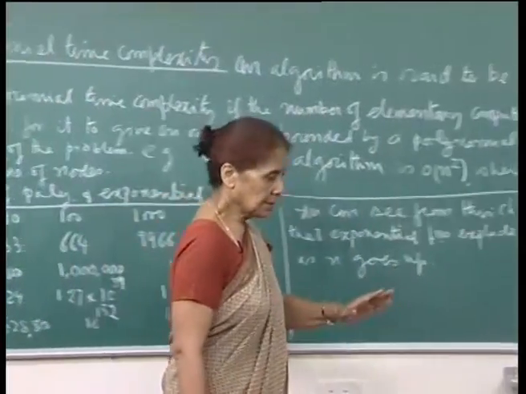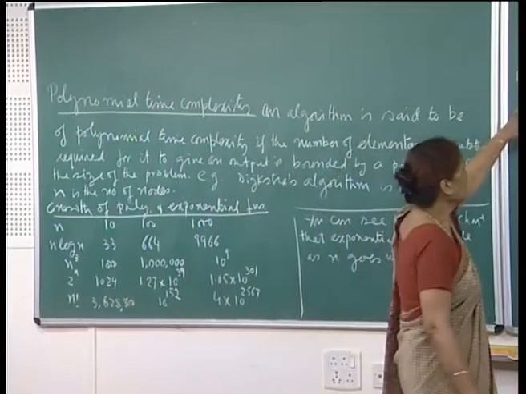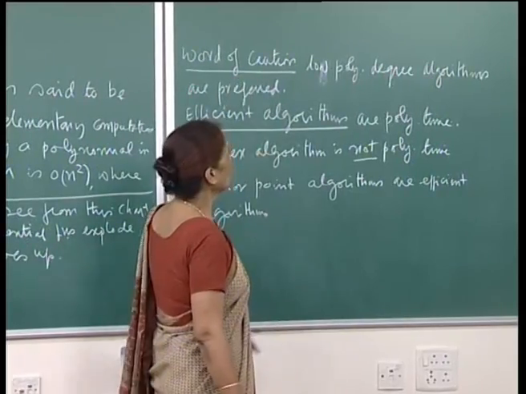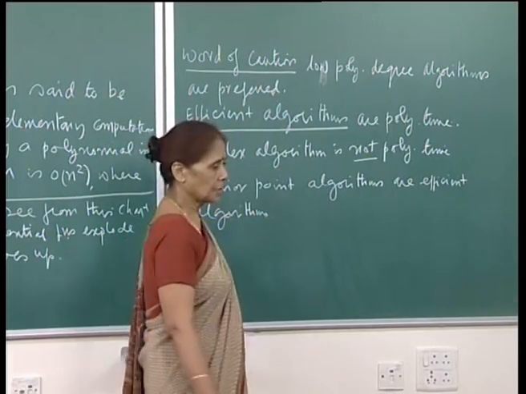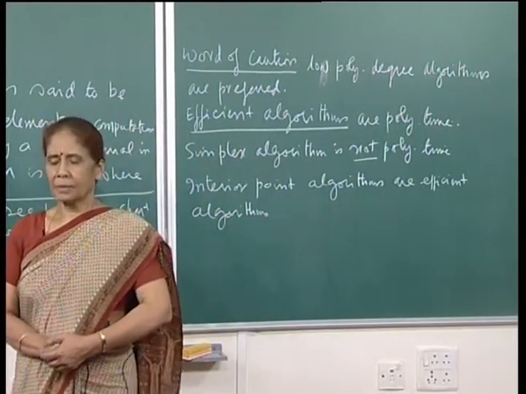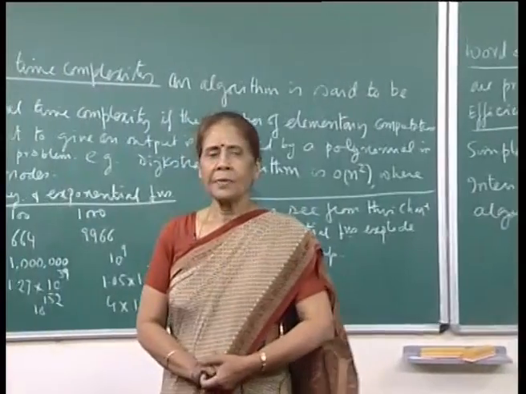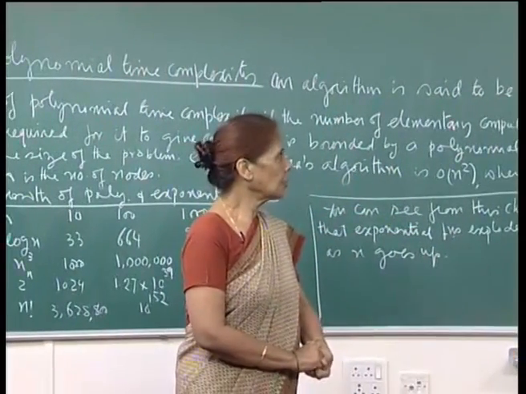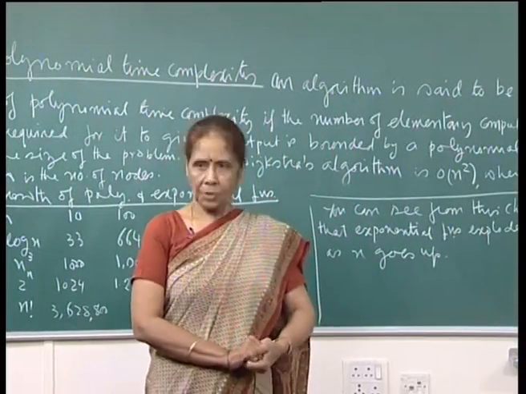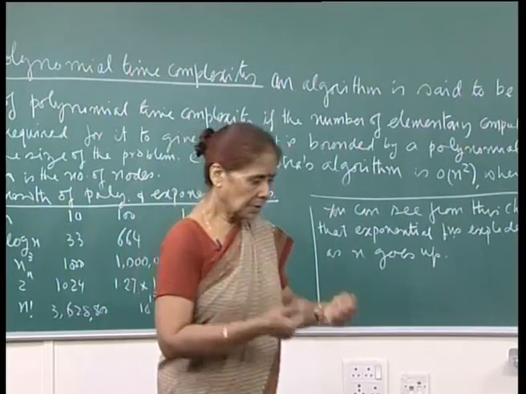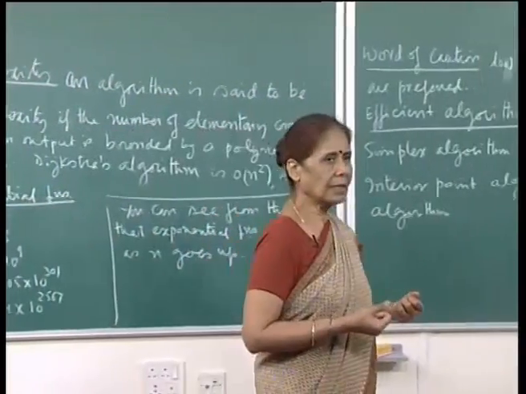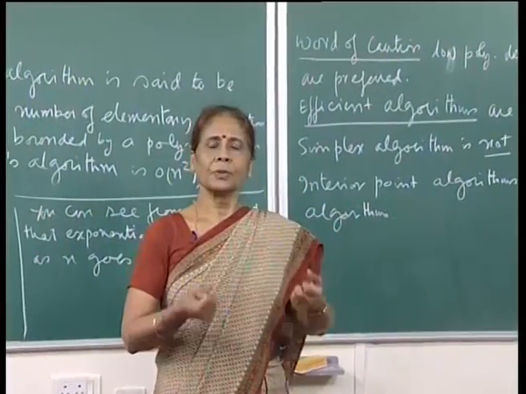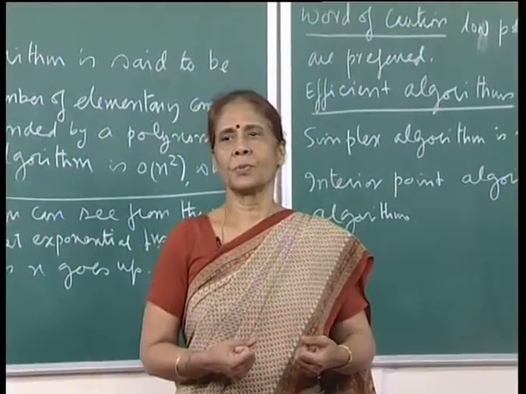So, that is the word of caution: you are actually looking for low polynomial degree algorithms, but what has been experienced so far is that once you discover a polynomial time algorithm for a problem, then improvements become possible, and you can bring down the degree of the polynomial.